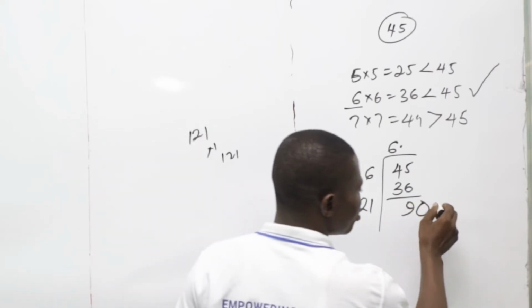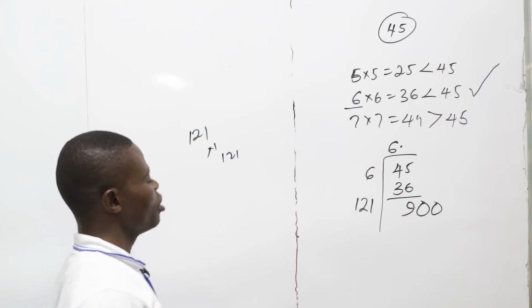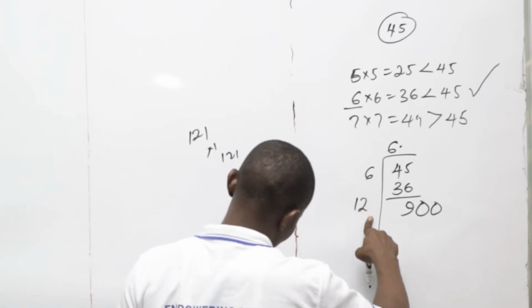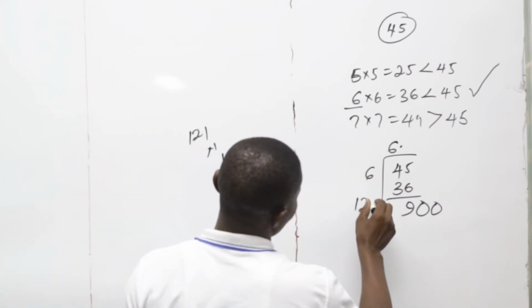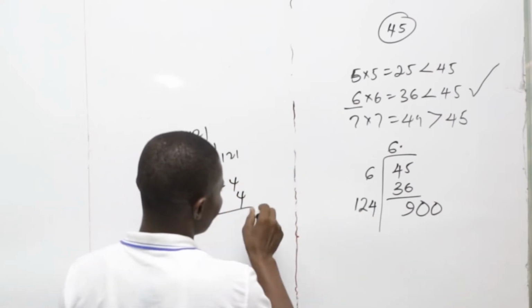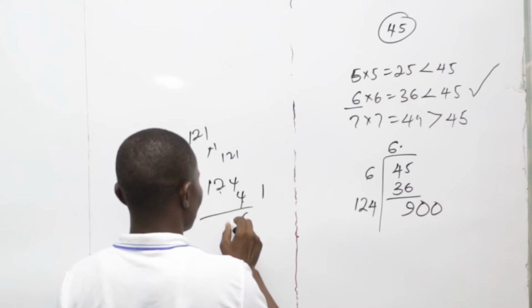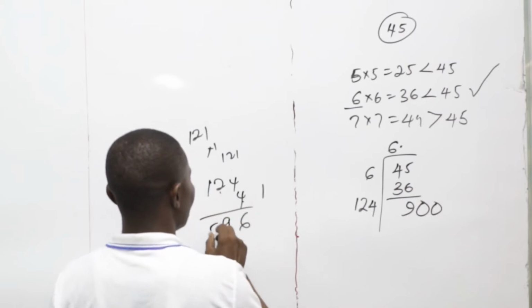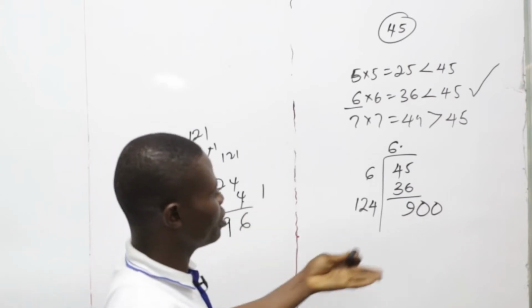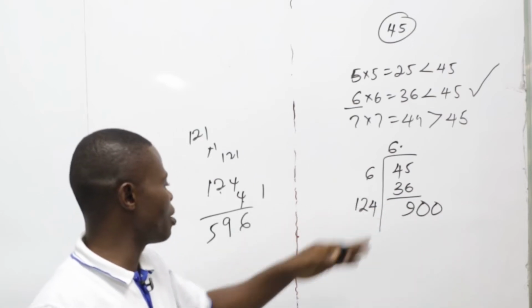So what do you do? You add 0 again, which is making it 900. But you must test with a reasonable number. Let's say 4. That is 124 times 4. This is 16, carry 1. This is 8 plus 1, 9. This is 4. 496 is very small compared to 900.